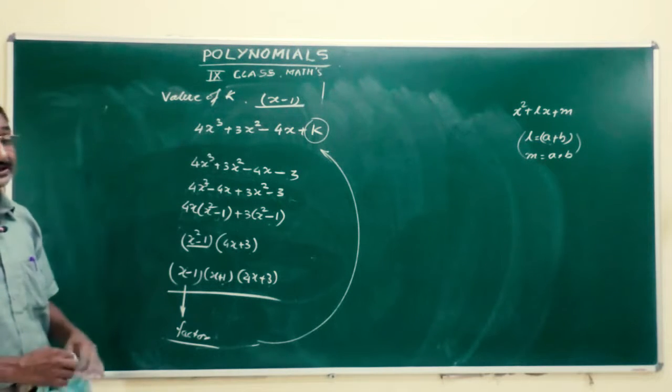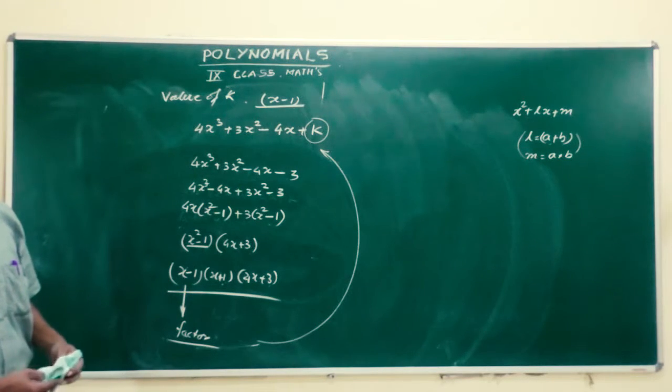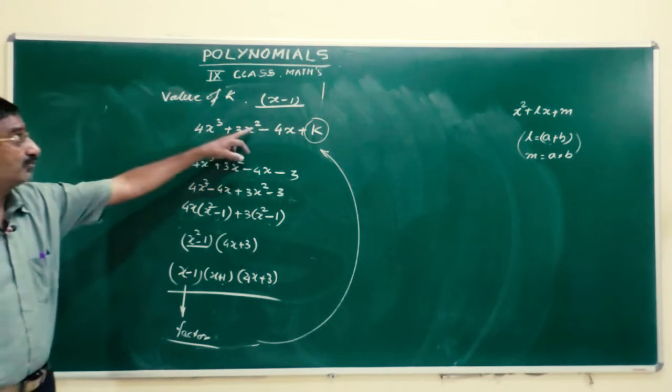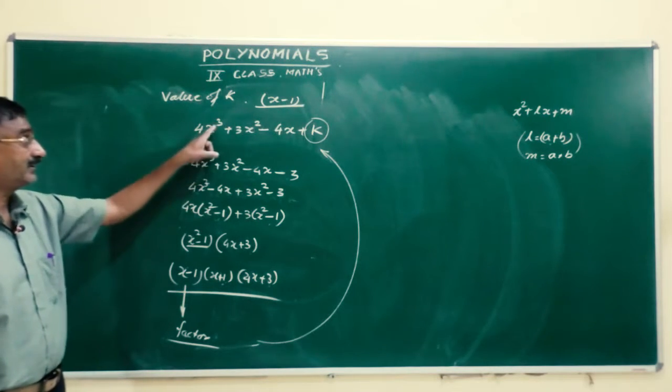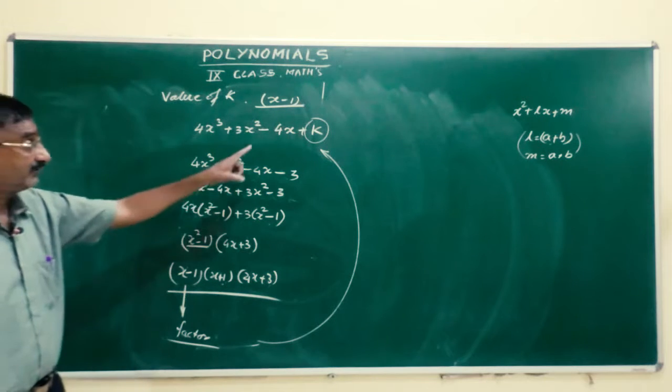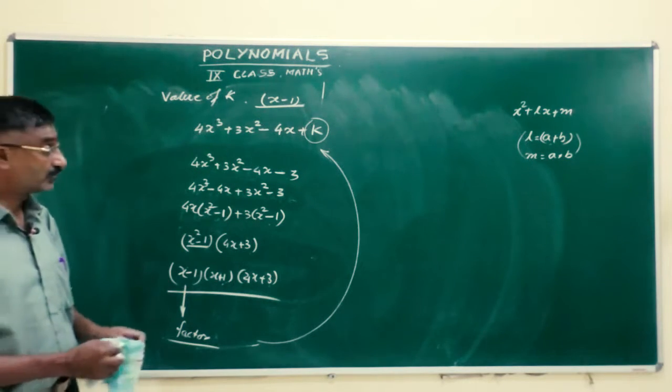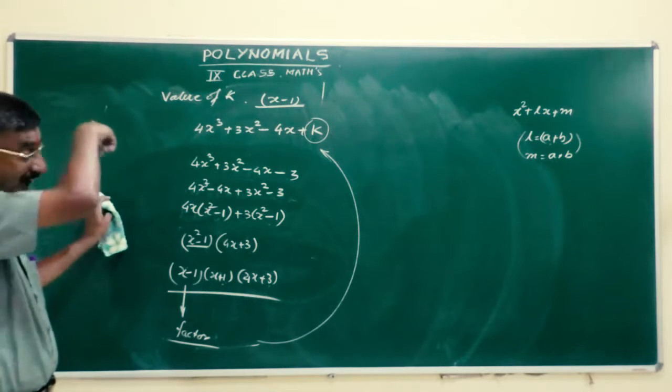So there will be 3 zeros of the polynomial, as we have gone through earlier. If the degree is 2, then there will be 2 zeros. If the degree is 3, then there will be 3 zeros. If the degree is 1, there will be only 1 zero. Clear? So we can check it.